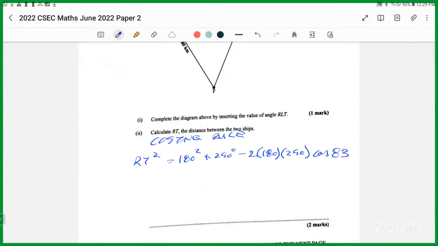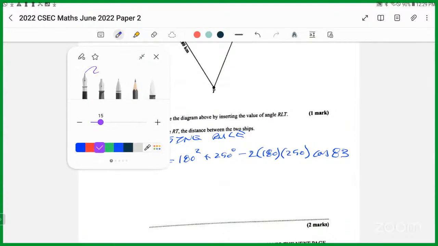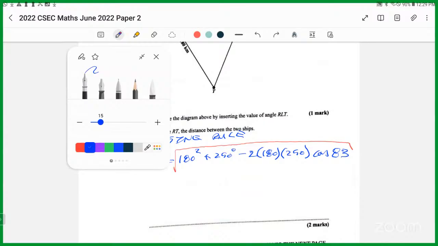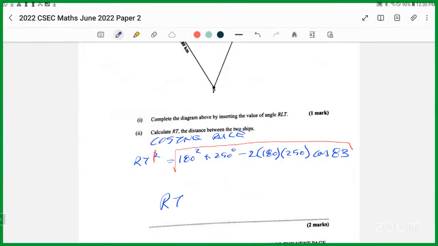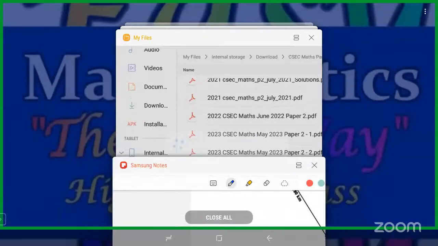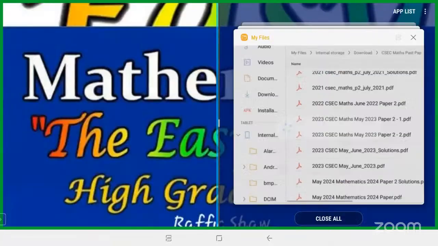And again, instead of putting the square on this, we cross the square and put the square root over everything over here. Put this in the calculator and we'll get RT. Let's work it out with the calculator.